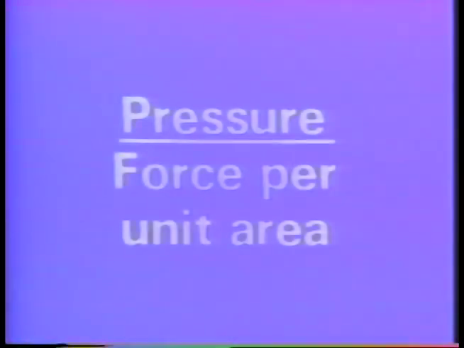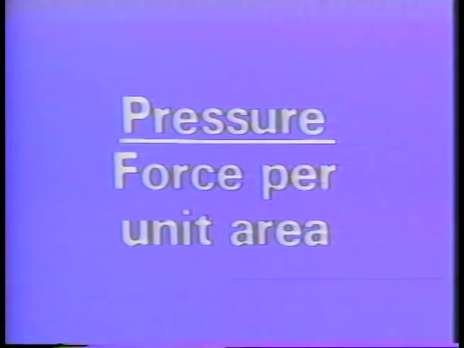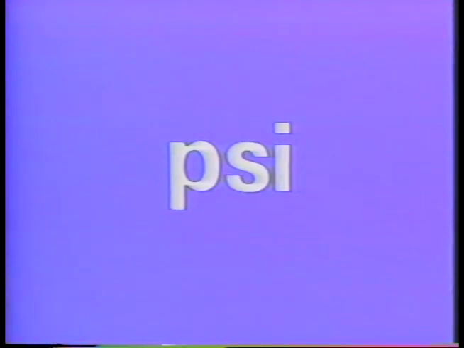Now, pressure is force per unit area. A common unit of pressure is pounds per square inch, which is abbreviated psi. Let's take a look at the containers of water and mercury again so we can see the relationship between force and pressure.